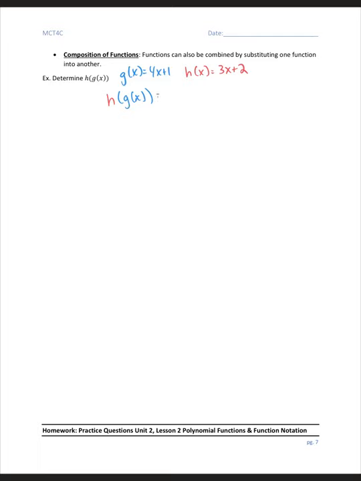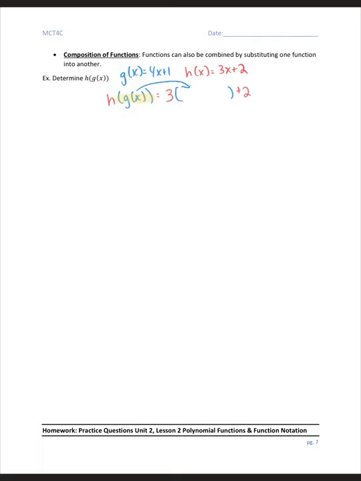So I'm going to start by just writing h, but I'm going to leave a space here for where our x was, because we're going to substitute something in for our x, right? It's saying that we're going to take g of x and substitute it into our bracket.